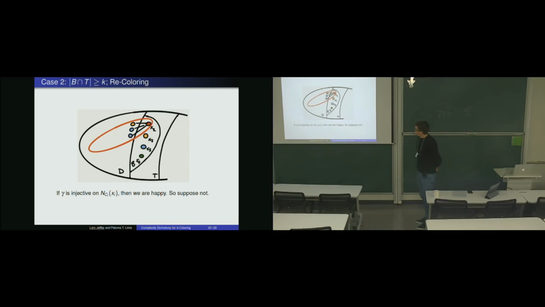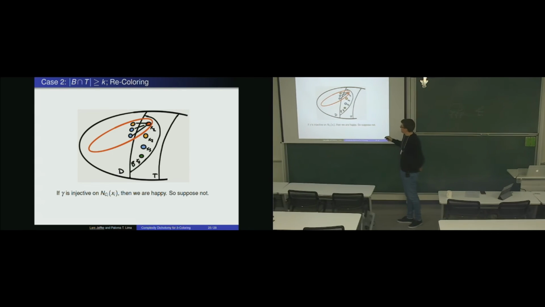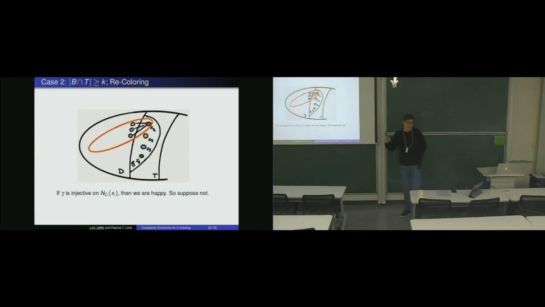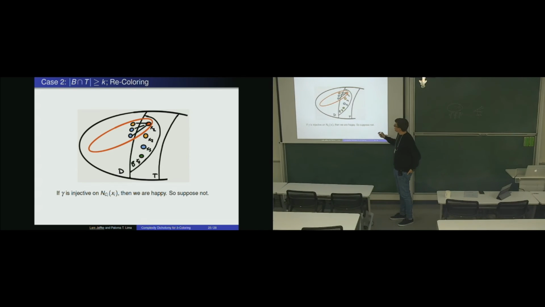Okay, so now we observe the following. Suppose we have a vertex like this, and the vertex is colored red. Then if the coloring is injective on its neighborhood, then we are happy. And why is that? Well, we know that all the pre-colored vertices have different colors.